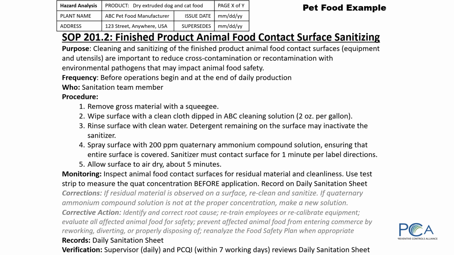Now, if Chad Smith has to re-sanitize, or let's say has to remix the quaternary ammonium compound every single day, that might be a point where we need to take some corrective action that might look like retraining that employee or recalibrating whatever equipment he's using to make that mix of quaternary ammonium.